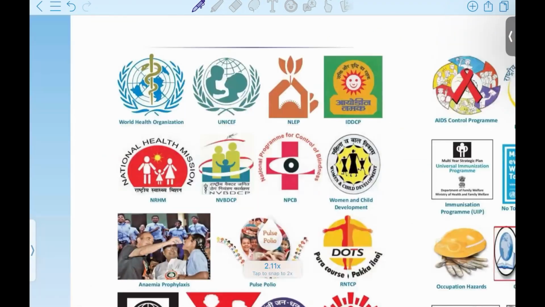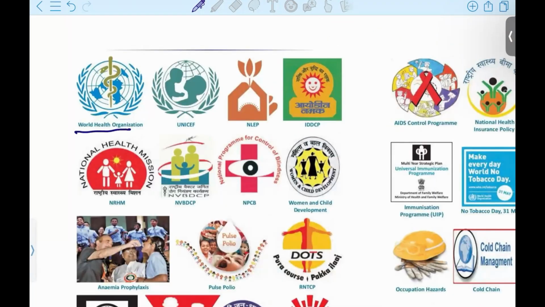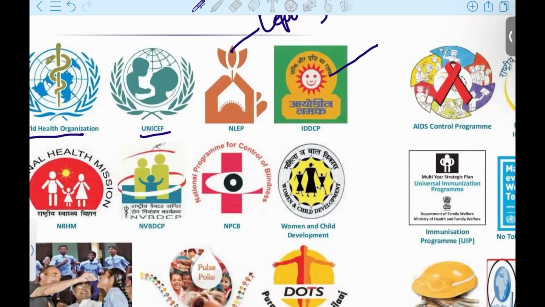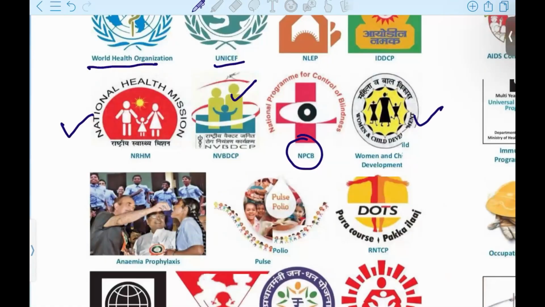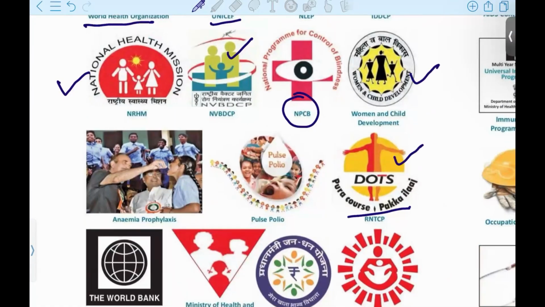This is the logo of World Health Organization. This logo belongs to UNICEF, and this is for leprosy. Okay, this is for leprosy, and this is for the IDDCP, and next one is for the National Health Mission, and this is for vector-borne diseases. This is for eye vision, and this is for women and child development. This is for the TB DOTS program that will be given in the PHCs, and this is for pulse polio for all the children, school age children.